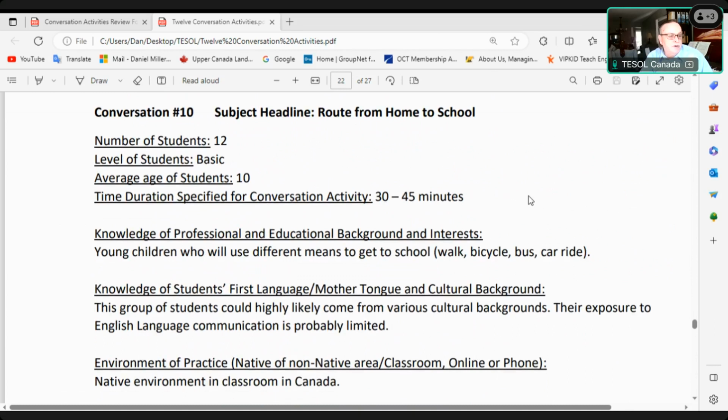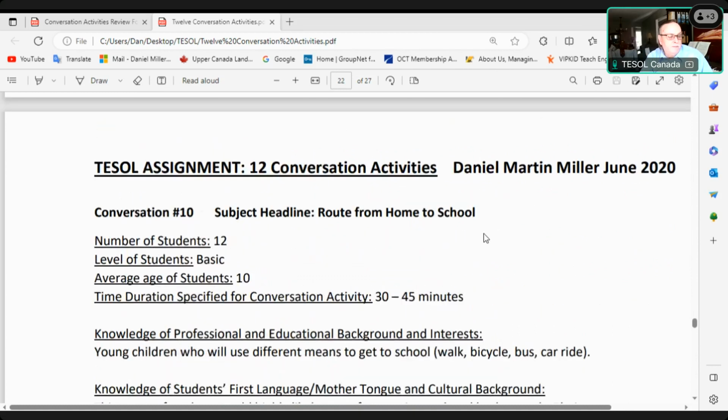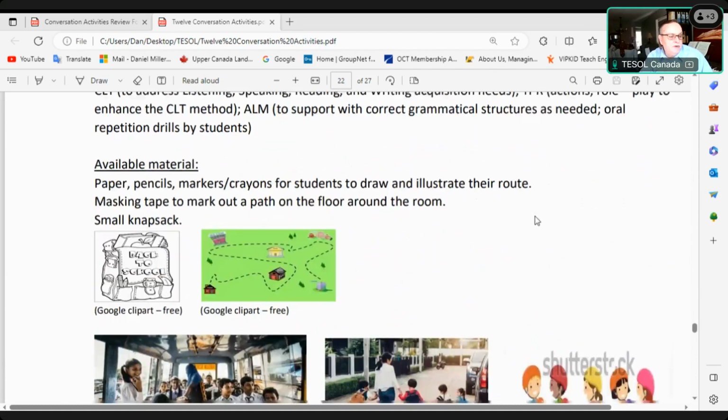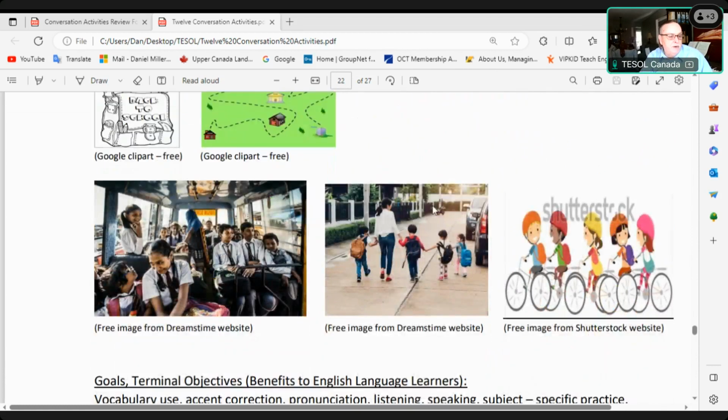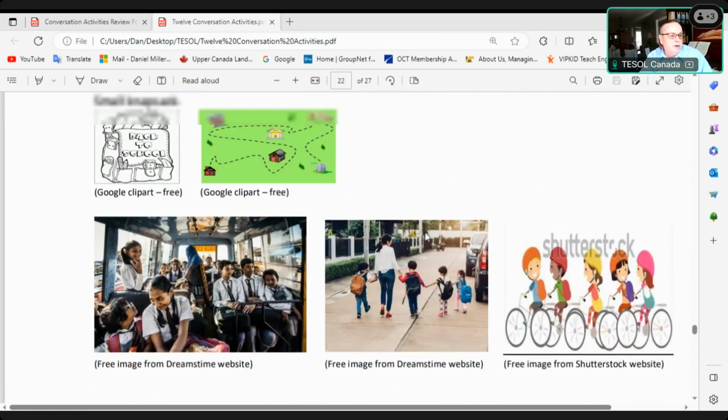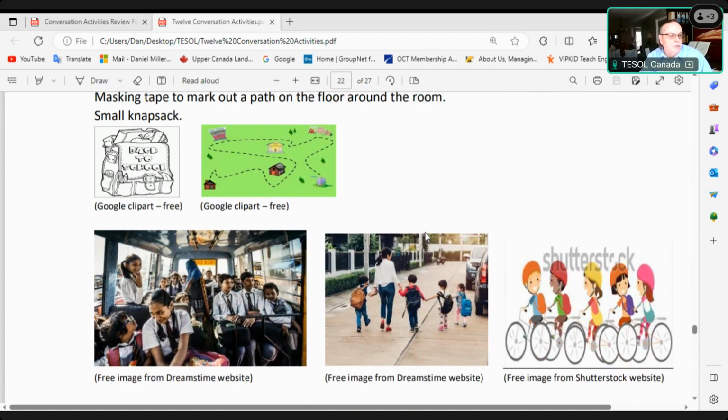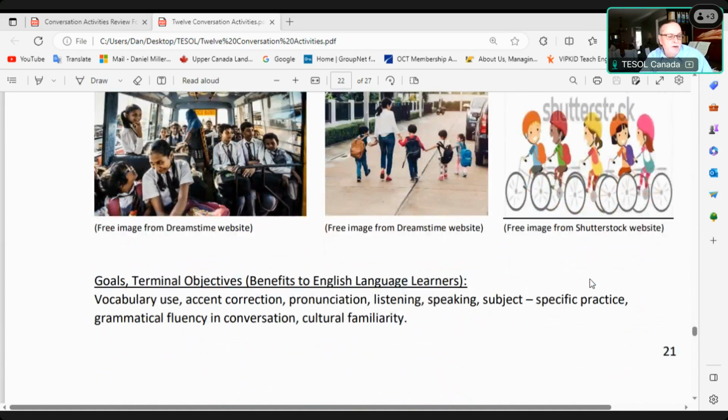And then this one is for children. The subject headline is the route from home to school. Here you would have the students talk about how they get from home to school, what their route is, what they walk past, or do they ride their bicycles, or how do they get there?